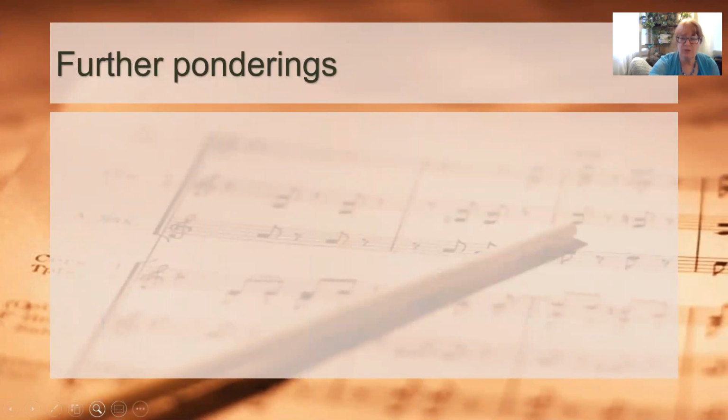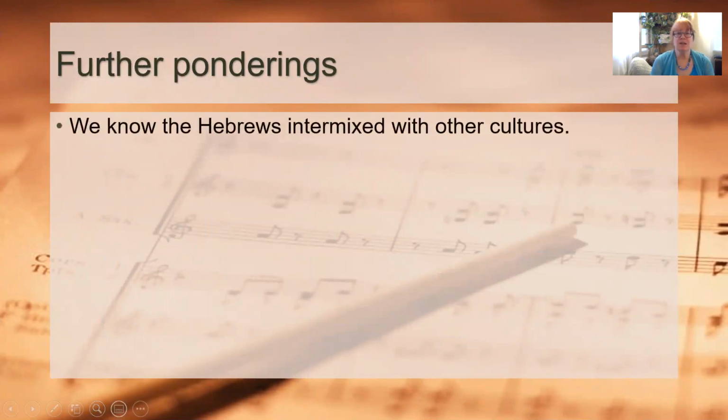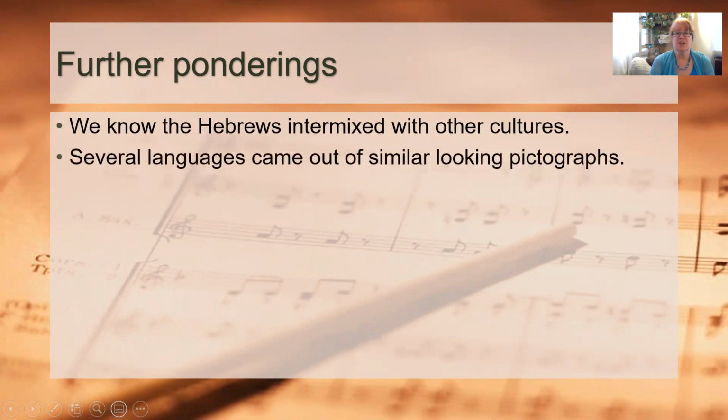So, some further ponderings. We know the Hebrews intermixed with other cultures. There's plenty of evidence of that. Several languages came out of similar-looking pictographs. If you go online and Google the Hebrew letters, they put them next to the different cultures and the original pictographs, and you see how similar they all were.